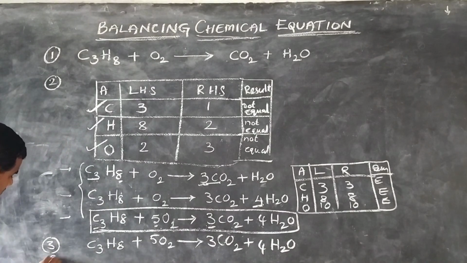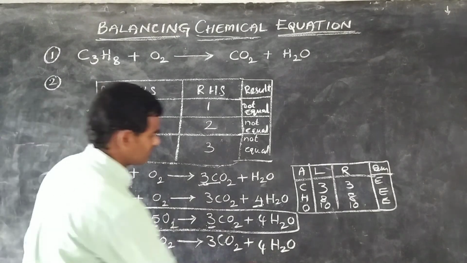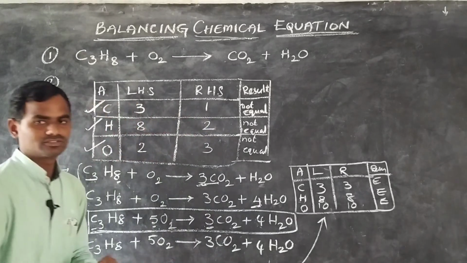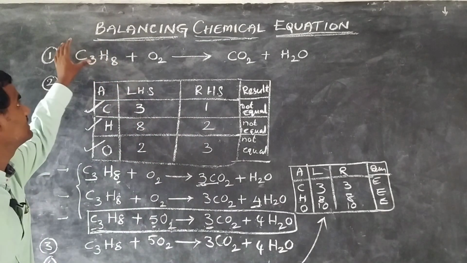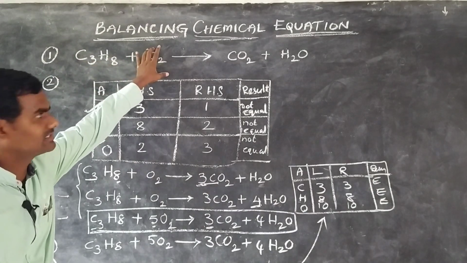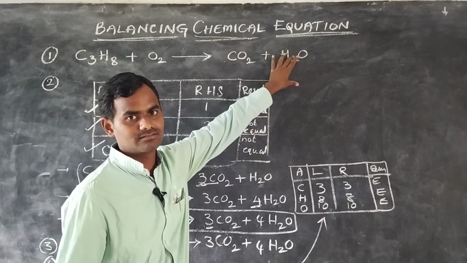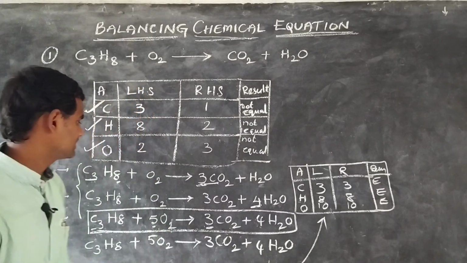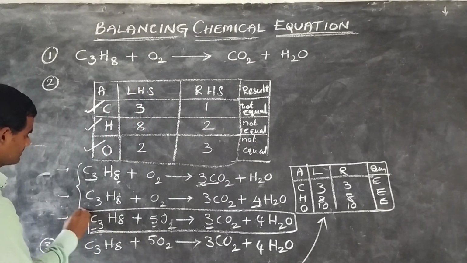And in the fourth step, we check the number of atoms, which we already did here. So these are the 4 steps to balance the chemical equation, that is, propane reacts with oxygen and forms carbon dioxide and water. So this is the balanced chemical equation of this reaction.